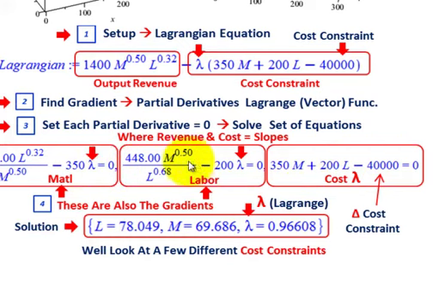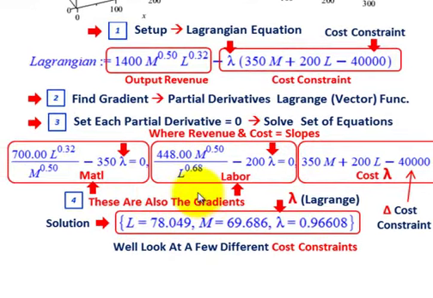And incidentally, in this case I used MapleSoft to set up my equations and do my partial derivatives and such. So these equations that we have here, these are also the gradients, because we're just taking the first partial derivative in terms of material, labor, and then our Lagrangian multiplier over here.